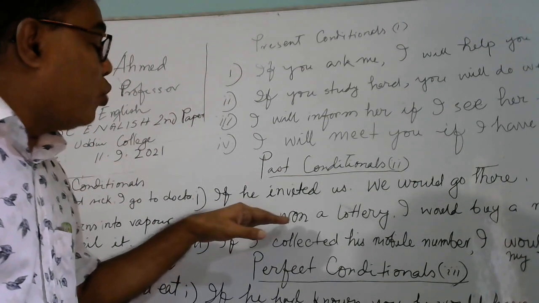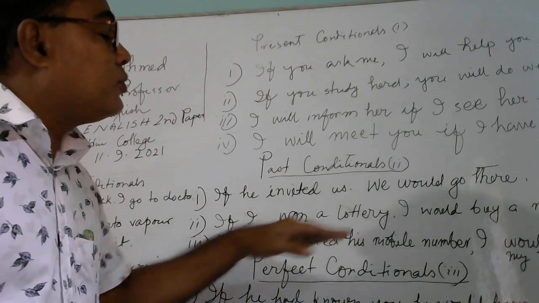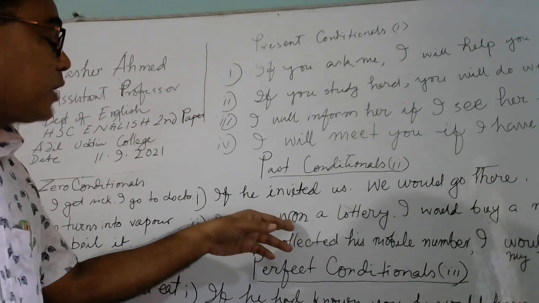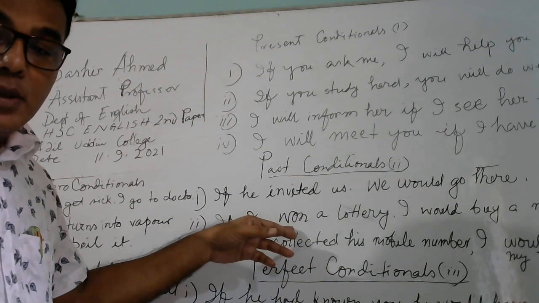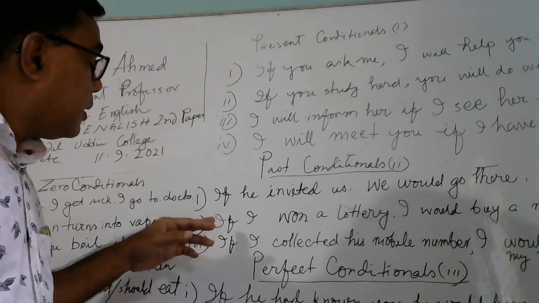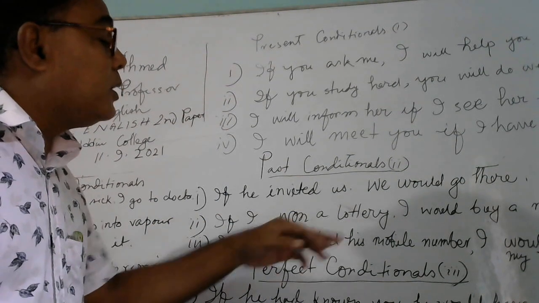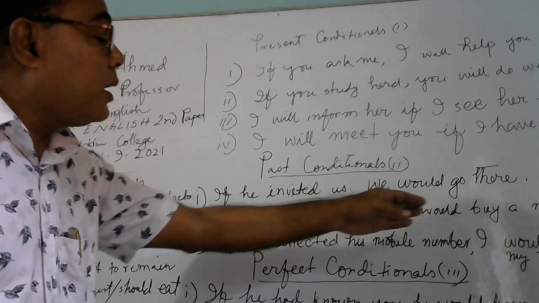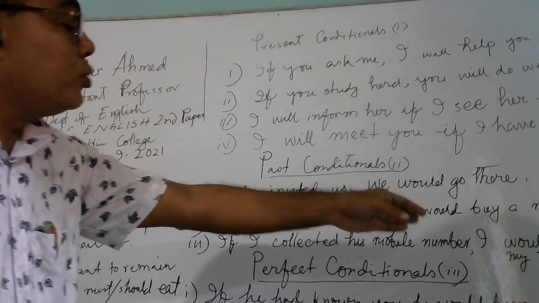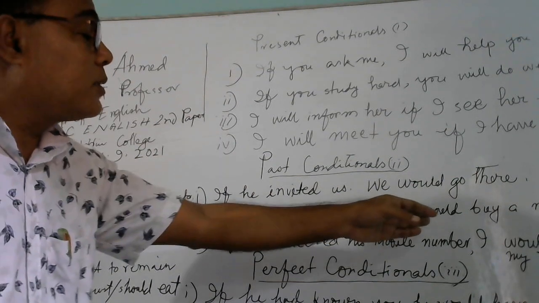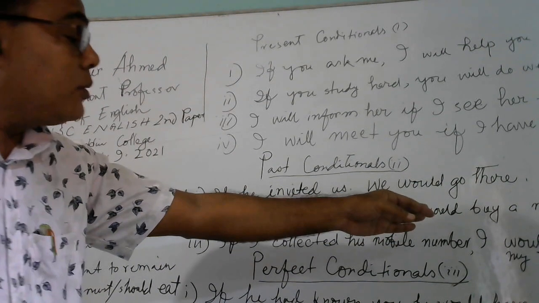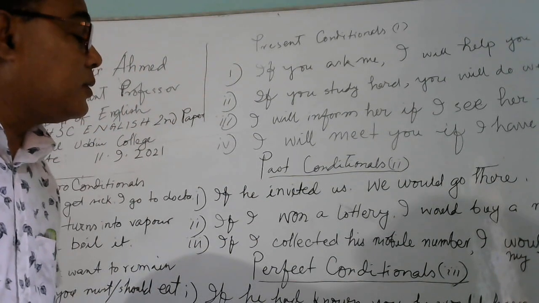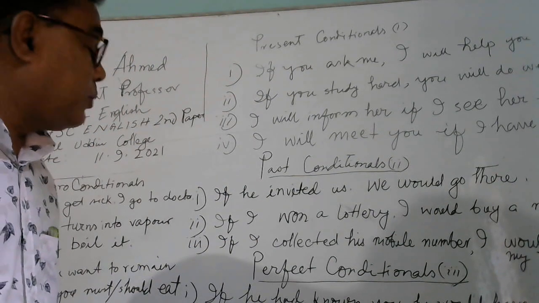If I won a lottery, I would buy a motorcycle. This is the past form of win. If I won a lottery, I would buy a motorcycle. So here I have used would. After the subject, you have to very carefully remember it, would, and the present form of the verb.